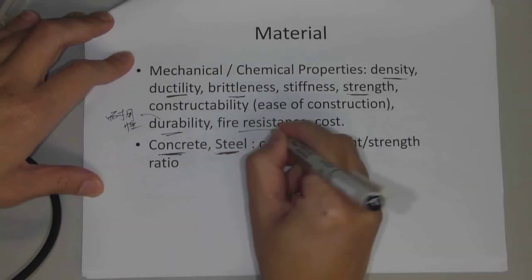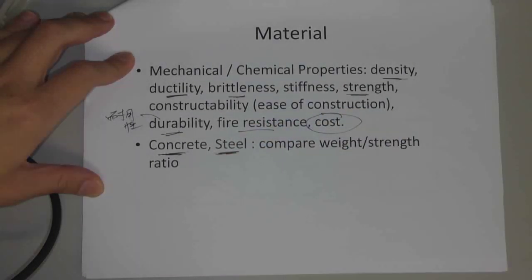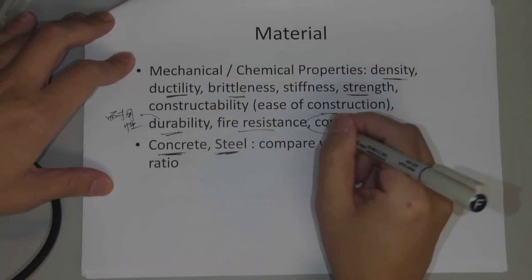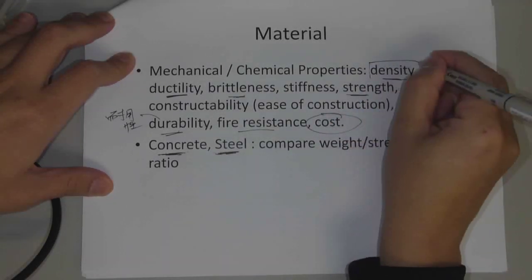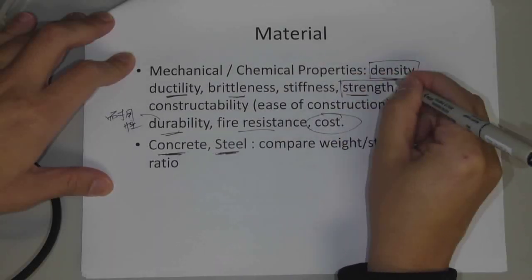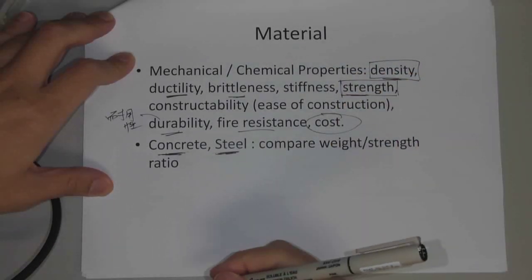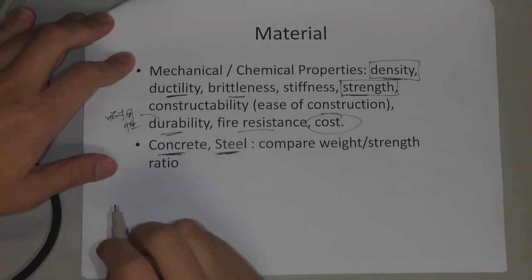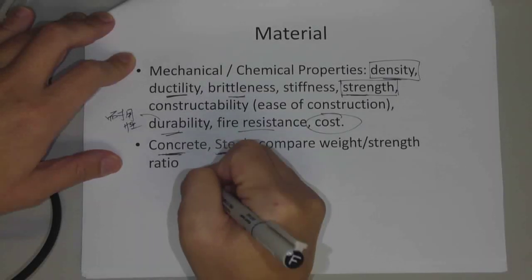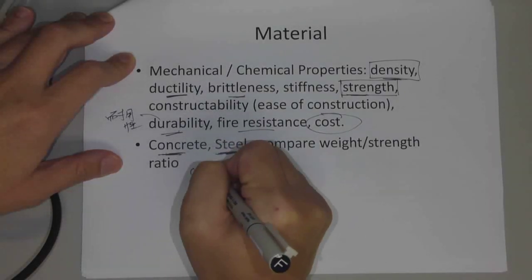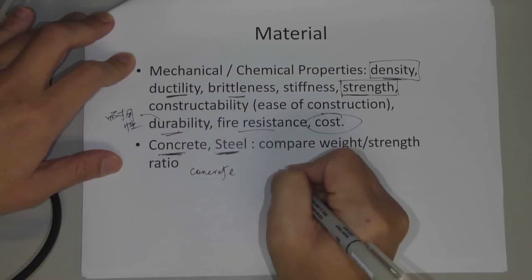Fire resistance, and of course most importantly the cost. Of course I'm not going to talk about cost. Density and strength are probably the most important parameters about material. So let's just write down some of the values for concrete and steel.